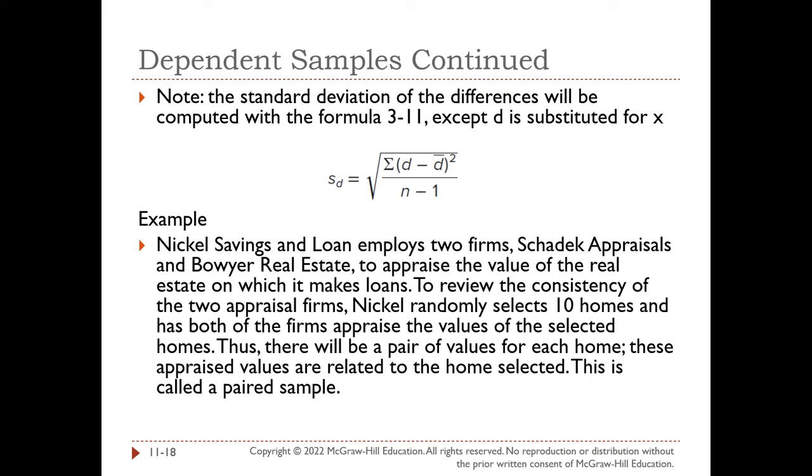They're not really independent from each other. So Nickel is going to randomly select 10 homes and have both of the firms appraise the values of the selected homes. Thus, there will be a pair of values for each home. These appraisal values are related to the home selected. This is called a paired sample.